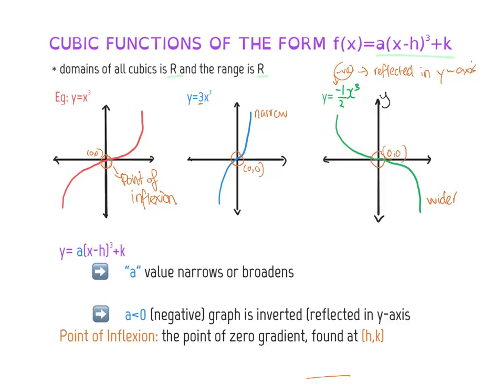So the a value narrows and broadens the graph. If it narrows, we will see a is greater than 1. If it gets wider, we'll see a is a number less than 1, or sorry, less than 0, or a negative number.